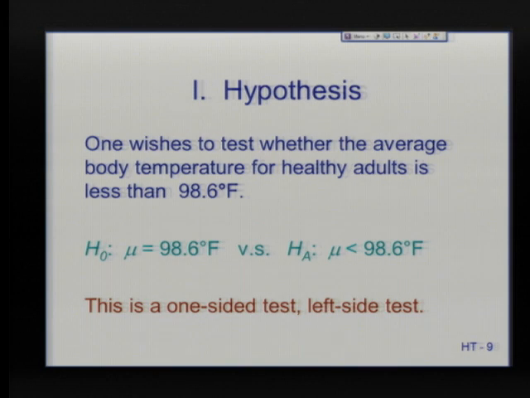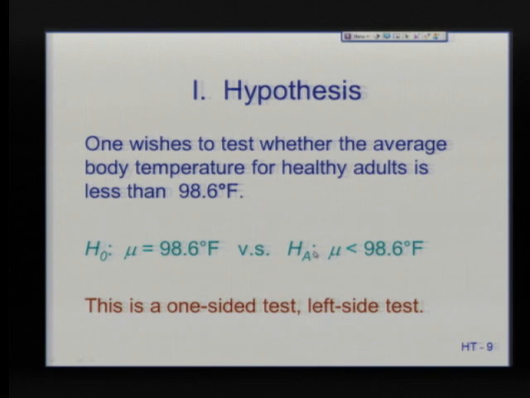Okay, and so this is the first thing you will do, right? If I have a research question that is, I want to test whether the average body temperature for a healthy adult is less than 98.6 or not, then the null hypothesis will be equal to 98.6. Alternative is less than 98.6, right?